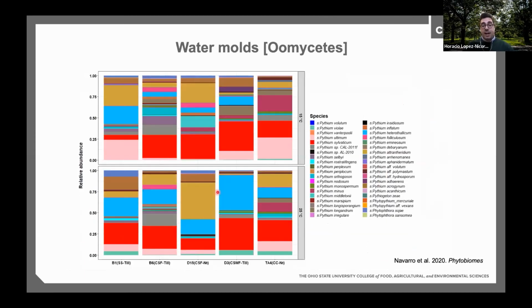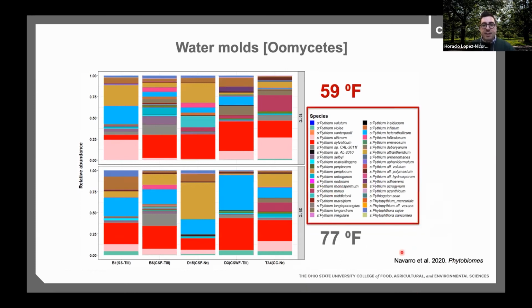Another very cool research study was done in Anne Dorrance's lab and published in 2020: the same soil from a field, but incubated at different temperatures. You will retrieve different species of Pythium and Phytophthora.